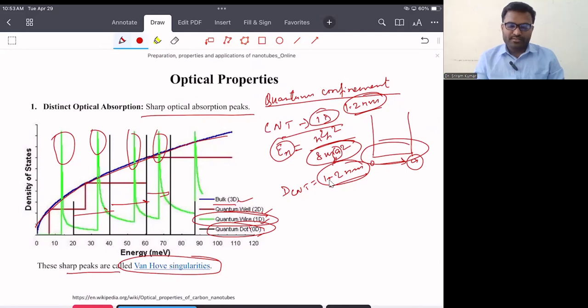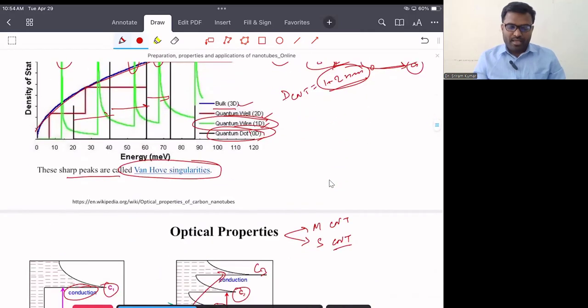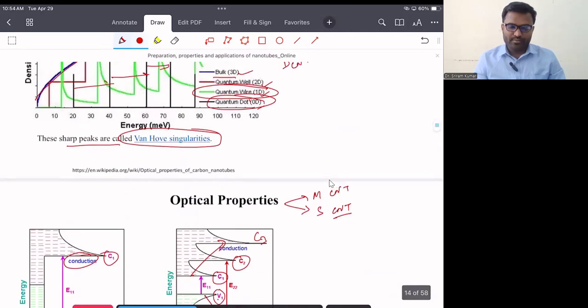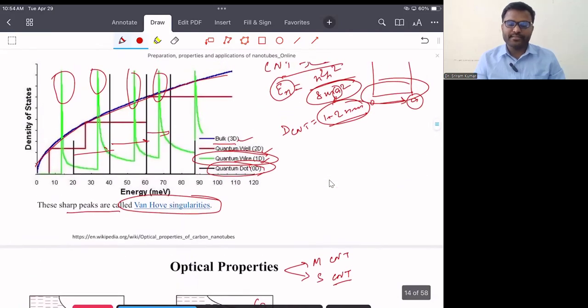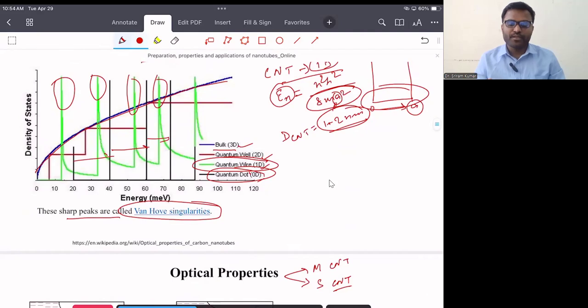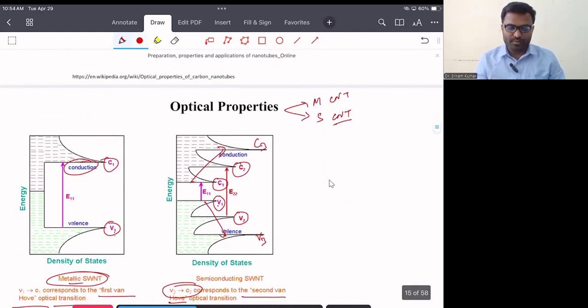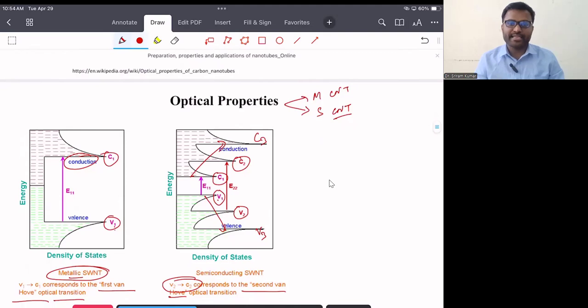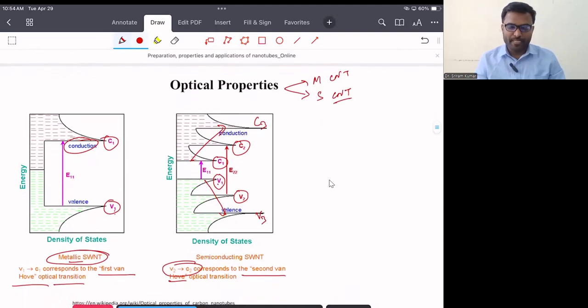I already discussed this concept in the first class, where we discussed the confinement of electrons in 0D, 1D, 2D, and 3D, and based on that we have discrete energy levels. In the case of a 1D material, for example CNT, we have two kinds of conductivity: one is metallic and the second is semiconducting.